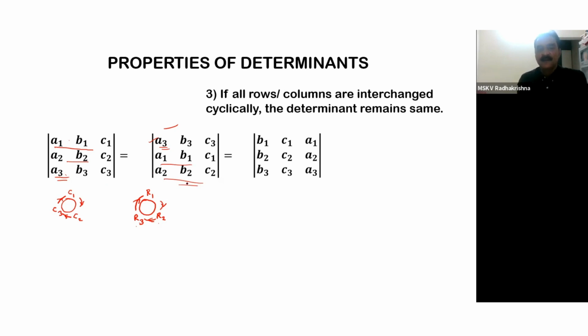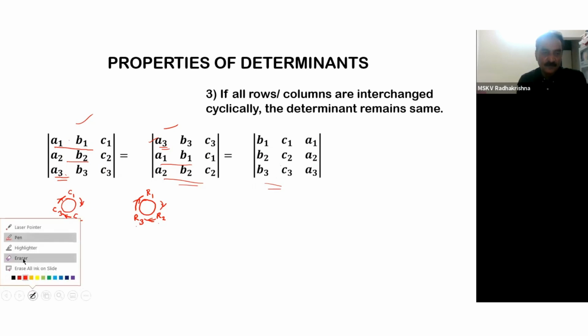Okay. Now look at this. This is also equal to this determinant. Here what I have done? I have interchanged columns cyclically. Observe. Here first column has become last column. C1 has become C3. Okay. C2 has become C1 and C3 has become C2. That means I have interchanged clockwise.